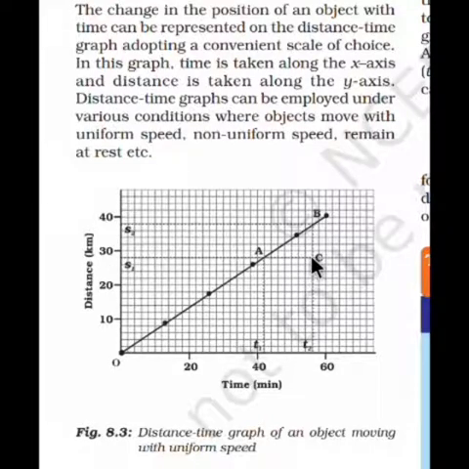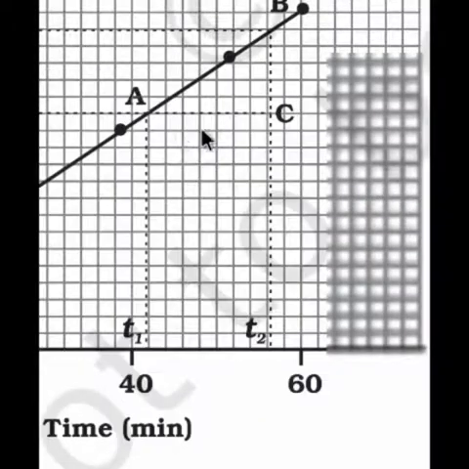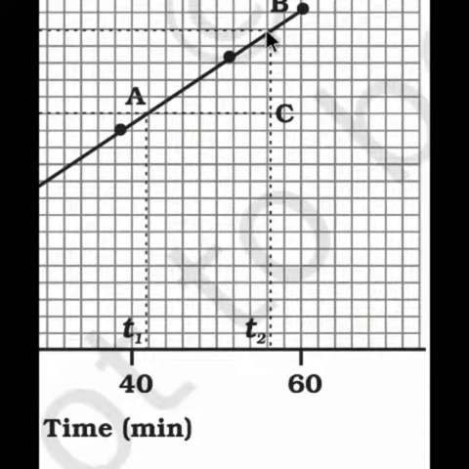There will be one point where they cross each other, that is our C. Why is it C? Because when you draw a line parallel to the x-axis, you will get this point C and your triangle will form, triangle ABC. This one is A, this one is B and this is C. Here you will be able to find the time interval, T1 and this one is T2.